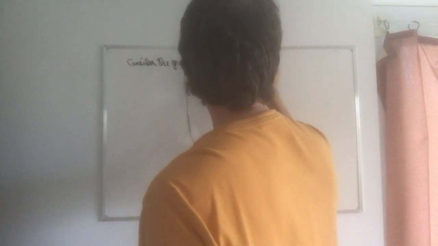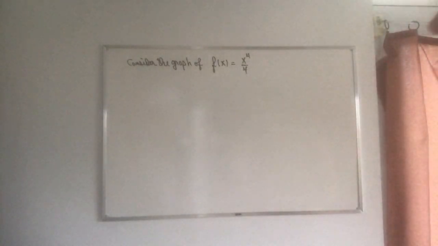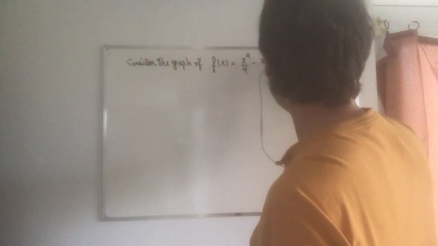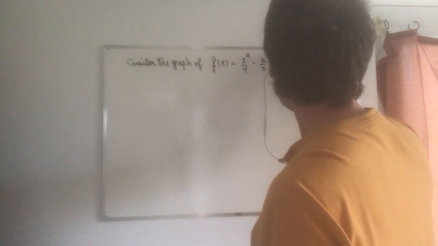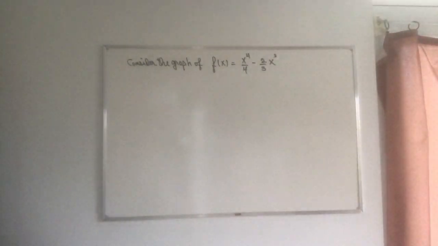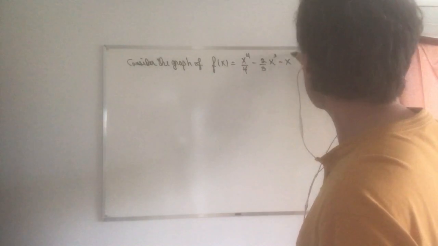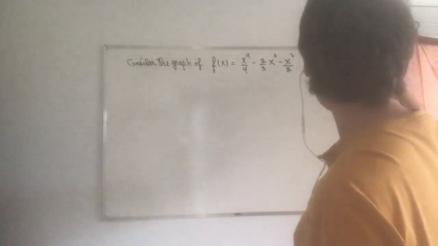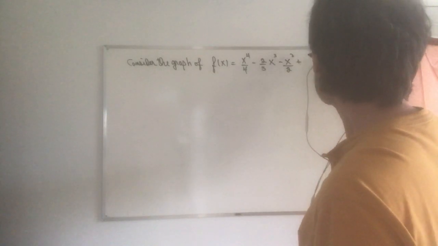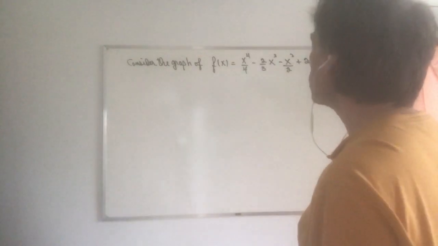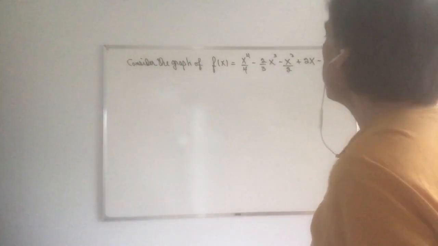Consider the graph of f of x equals x^4 over 4 minus 2/3 x^3 minus x^2 over 2 plus 2x minus 1.